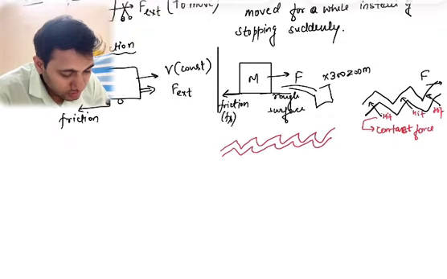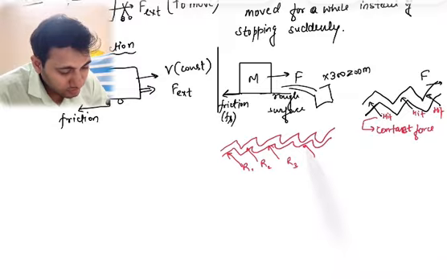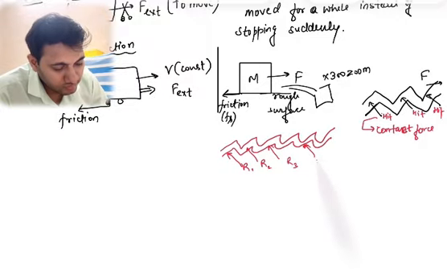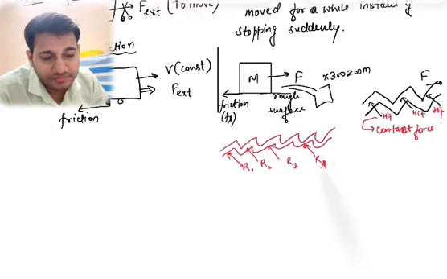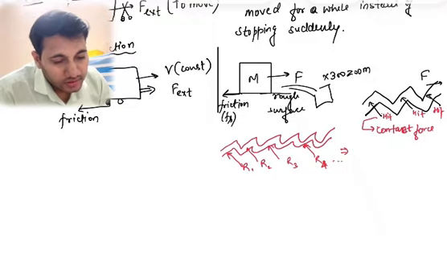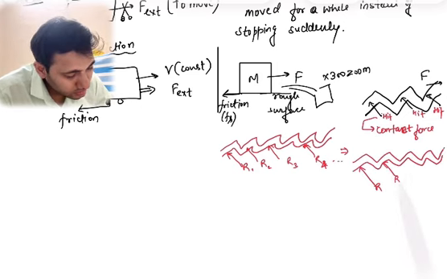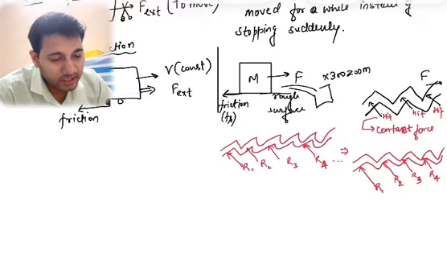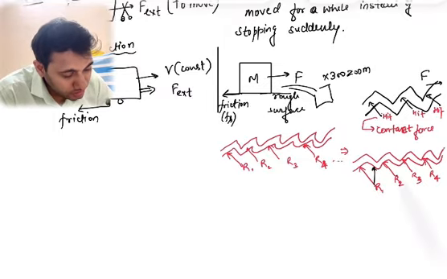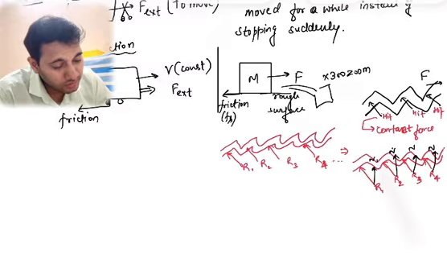So suppose this is R1, this is R2, these are the contact forces, right? R3, and so on. If we look closely, these are the contact forces. The vertical components of these contact forces are nothing but normal forces N1, N2, N3, and N4.